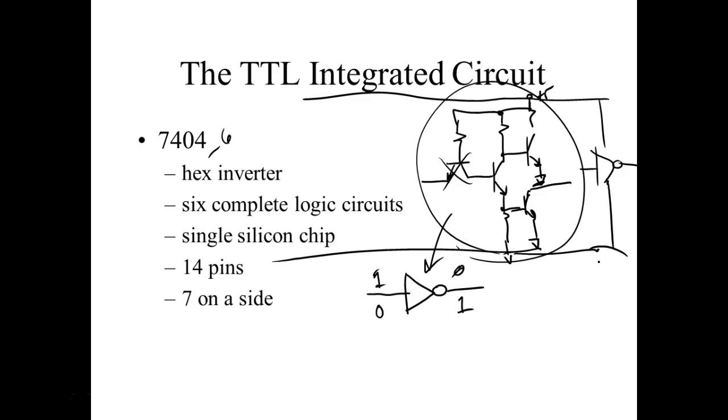And then we need how many pins? We need 12 pins for the inverters, because we have to have 1 pin dedicated to the input and 1 dedicated to the output. I've got 6 of them in there, so 12 pins, 1 for power, 1 for ground. So that's why we could only get 6 of them in a 14-pin package.